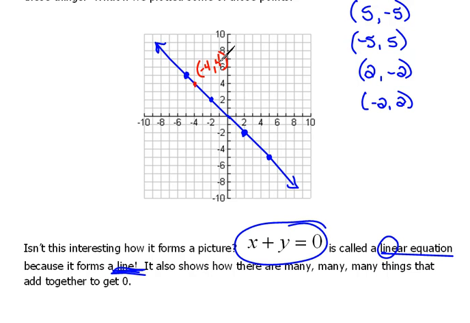So, does that work in the equation? -4 plus 4 is in fact 0, isn't it? What about this point right here? This would be the point 6, -6. If I add those up, I get 0 also. Every single point along this line works in this equation.